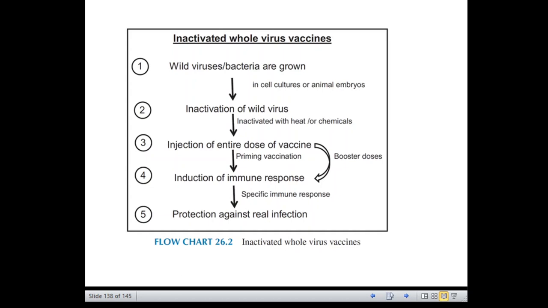Heat or chemicals, say for example formaldehyde or beta propiolactone, or radiation. These are typically used to inactivate the antigens. So this is the flow chart for production of inactivated whole virus vaccine.